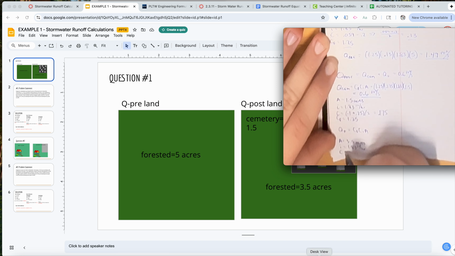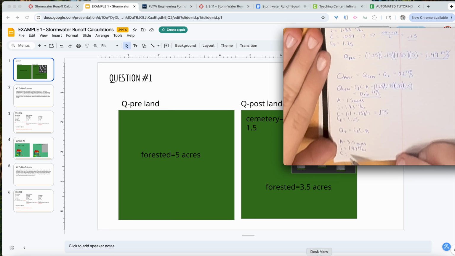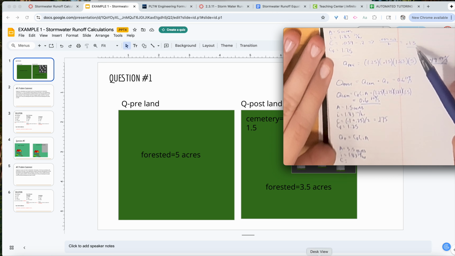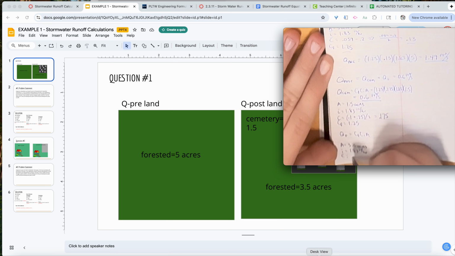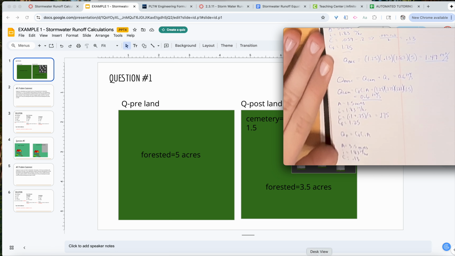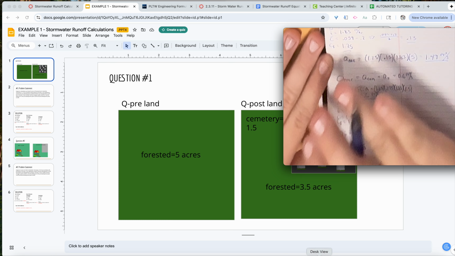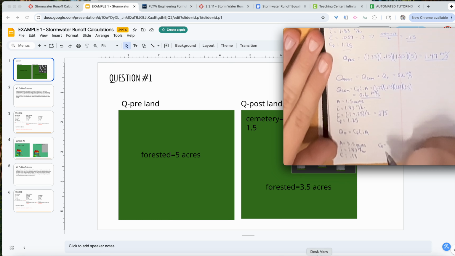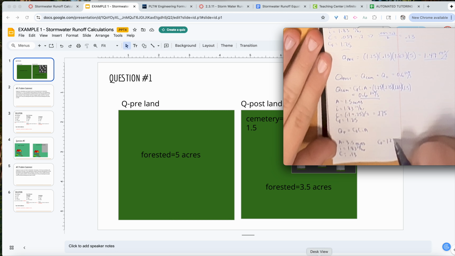Then we've got C. Since it's for farmland, we're going to use the value we calculated up here, 0.13. And for the CF value, as we said before, that's remaining consistent throughout the entire problem. CF and I do not change throughout a single problem.